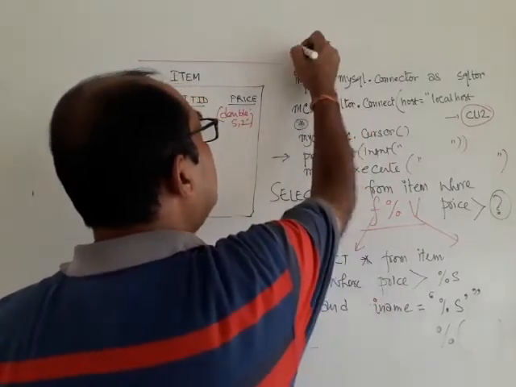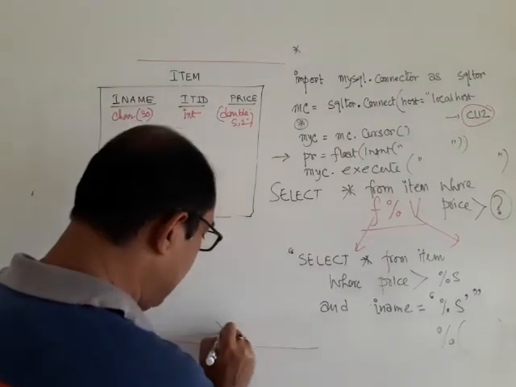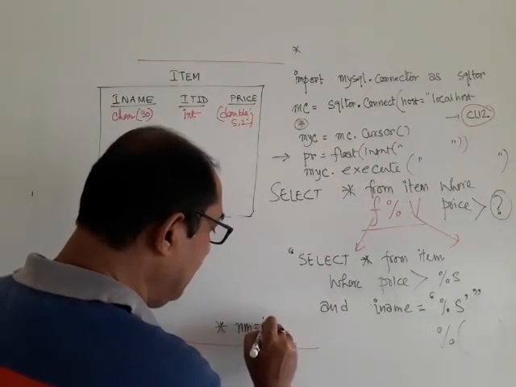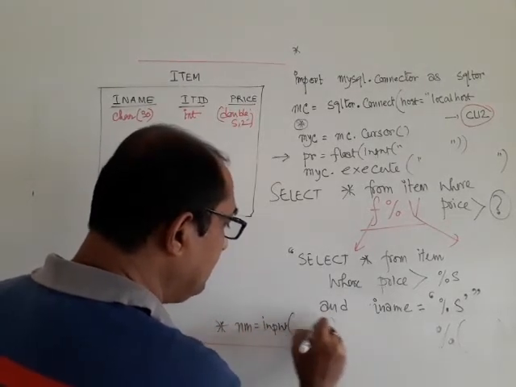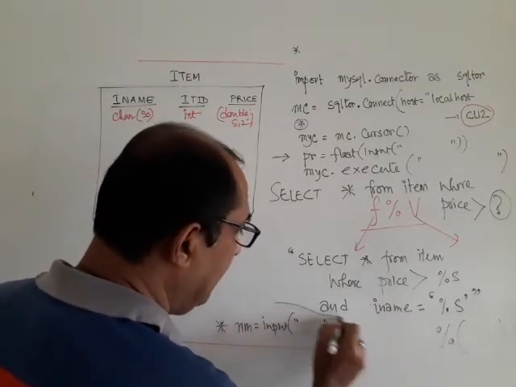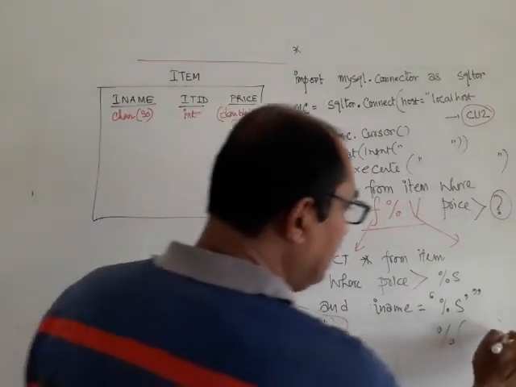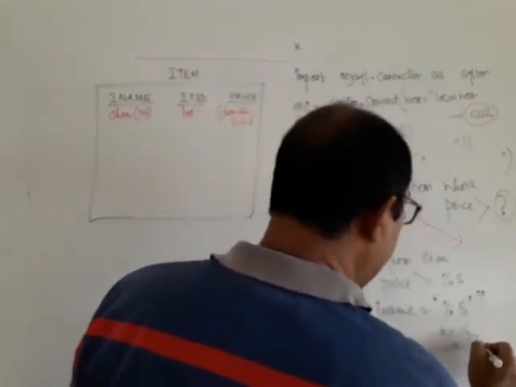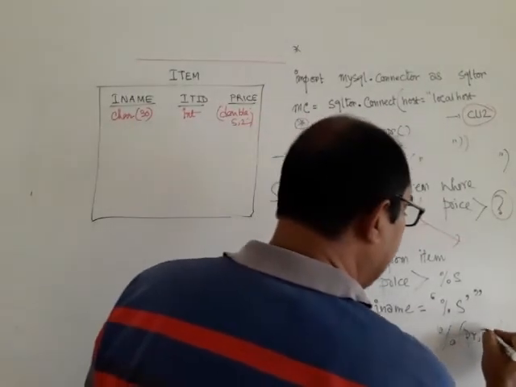Say you have an input, fine. Let me write here. Say NM equal to input, where you want the user to enter the name, fine. And this particular value NM you use here. So price was basically PR and the name was basically NM.